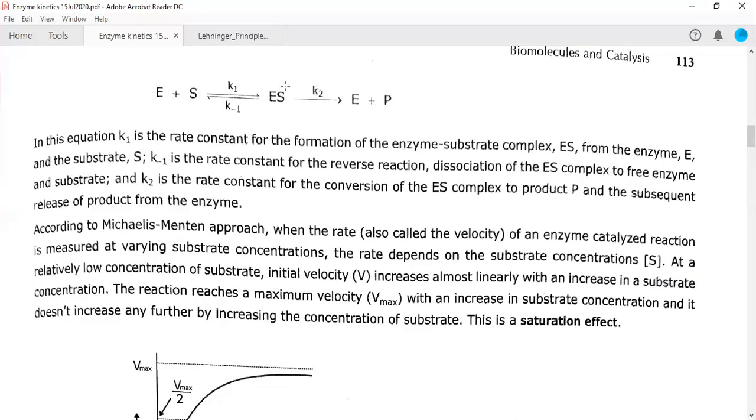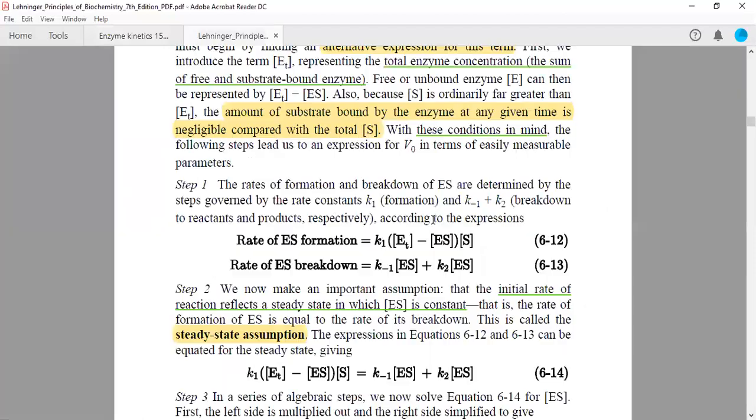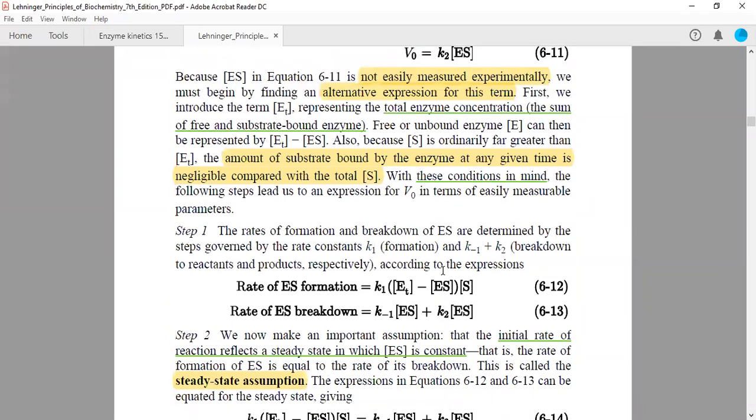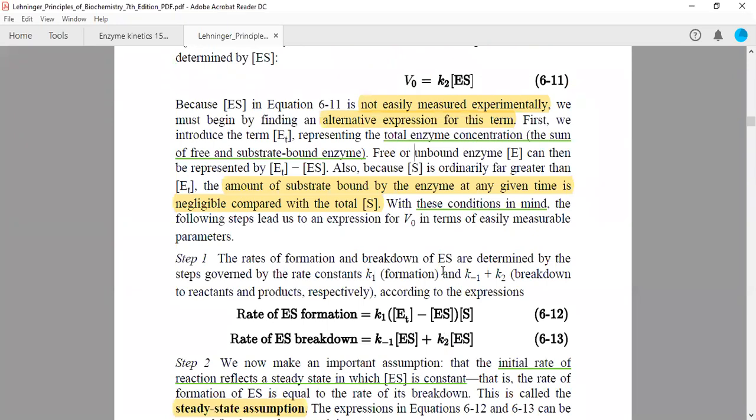If you keep this equation in mind, you can go back to the other equation. The rate of formation of enzyme substrate complex will have only one rate constant K1, whereas the breakdown will have two rate constants, K minus 1 and K2. So we have simplified this equation.